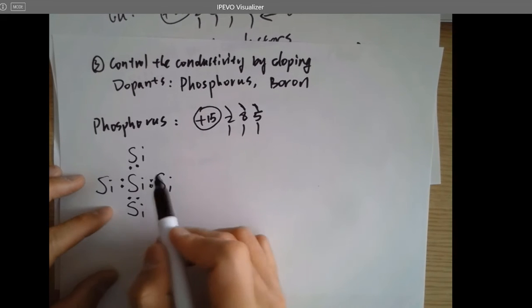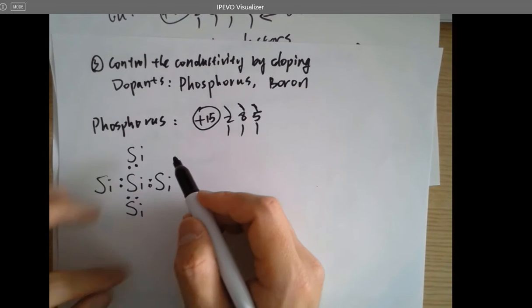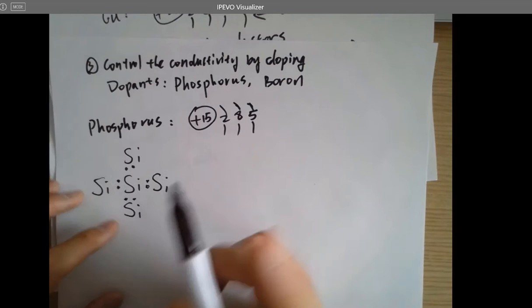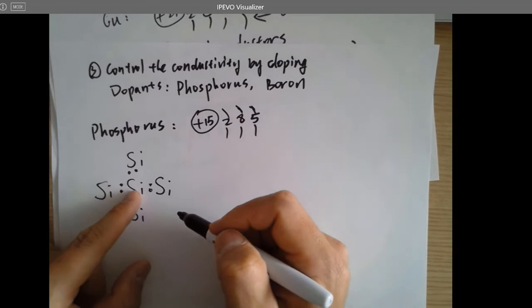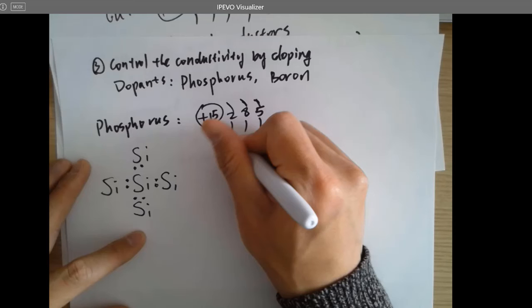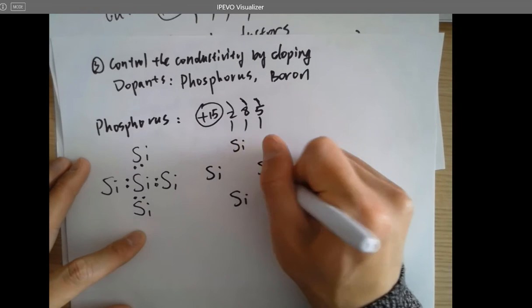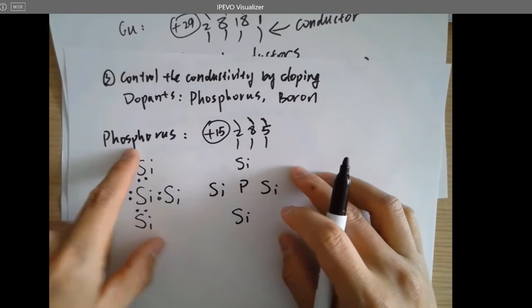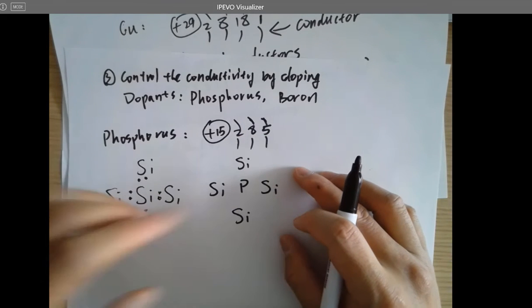If we dope this pure silicon with phosphorus, for example, one phosphorus atom replaces a silicon in this lattice like this, because phosphorus has 5 valence electrons.